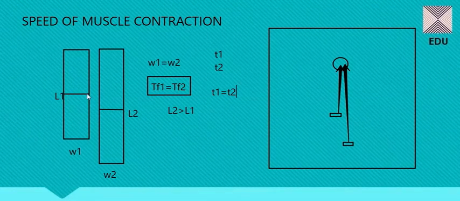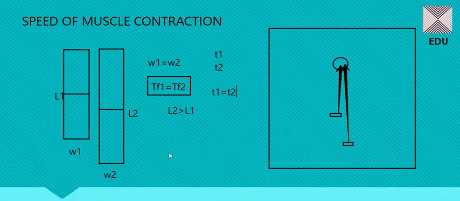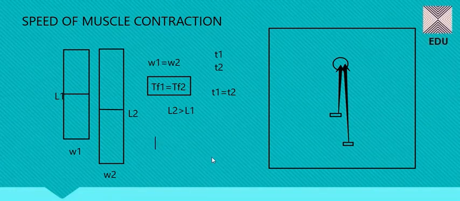That simply gives you the answer that the speed of muscle number 2 will be greater than the speed of muscle number 1. So students, in this particular case, the speed of muscle number 2 will be greater than the speed of muscle number 1.